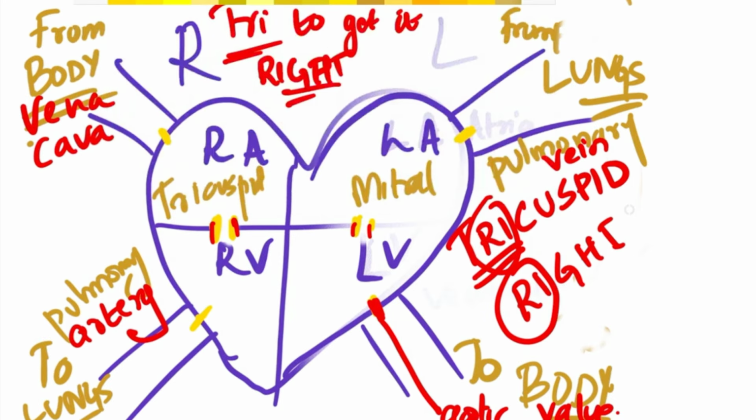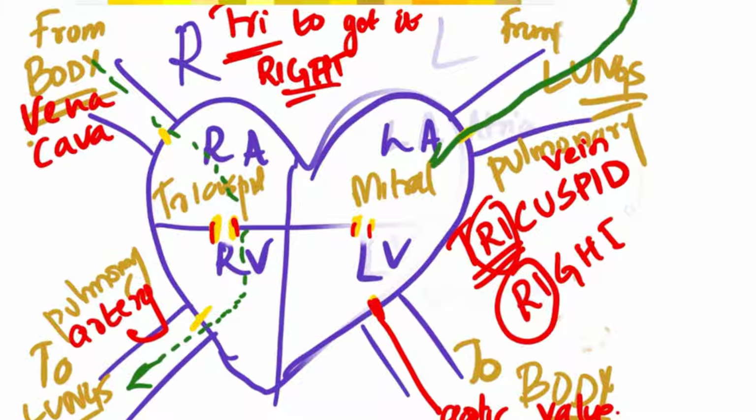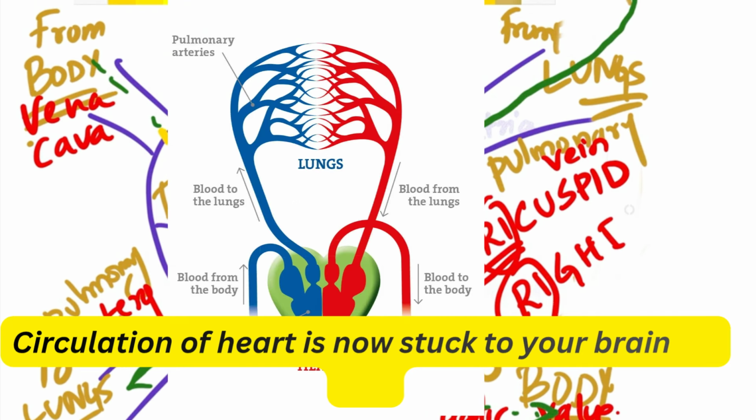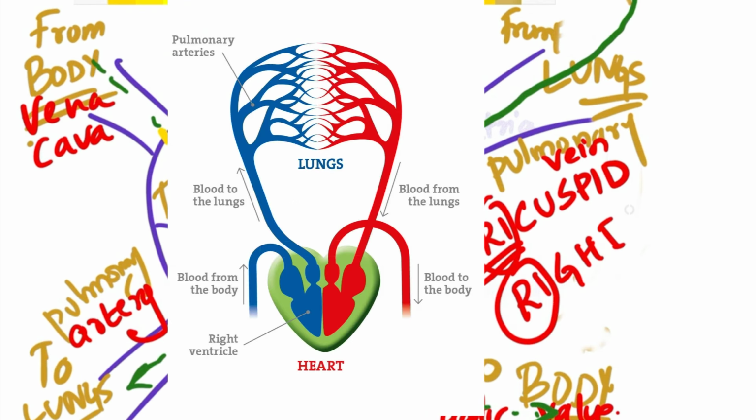And let's draw. So blood is coming to the right atria, going through the right ventricle to the lungs, and from the lungs it comes to the left atria, going down, left ventricle to the aortic valve. Wow. We are done with the circulation of the heart.